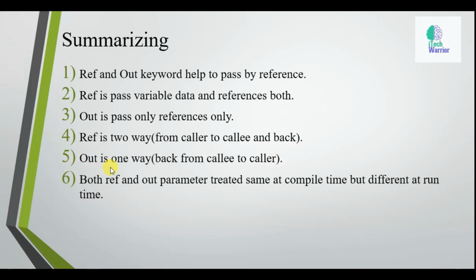Fifth, out is one way, back from callee to caller. It means ref gets data from caller to callee and sends it back, and out only sends back from callee to caller. Whatever data comes from caller to callee is discarded.